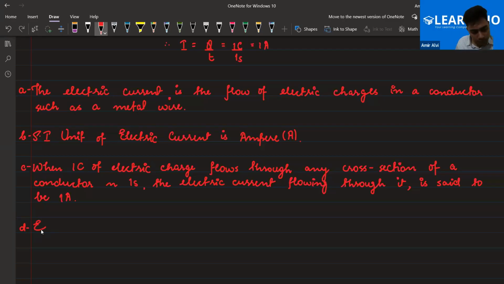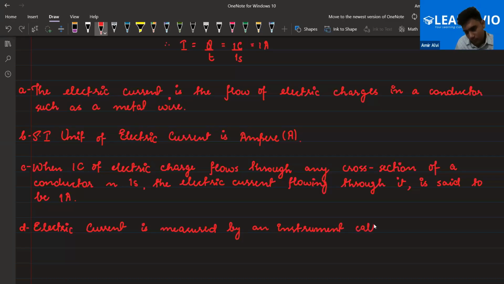Electric current is measured by a device called an ammeter.